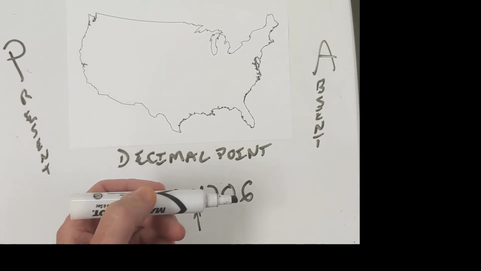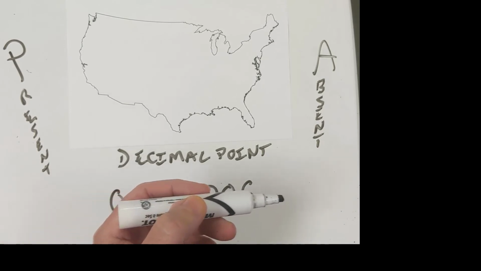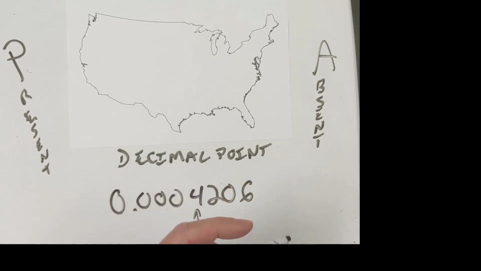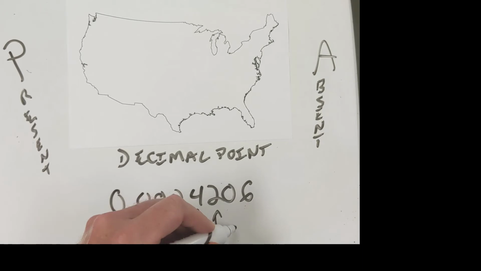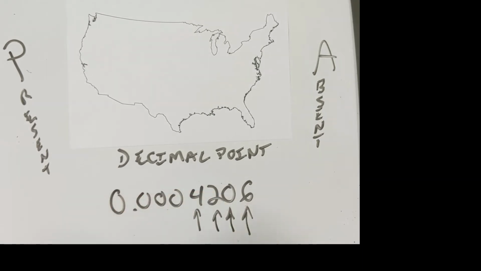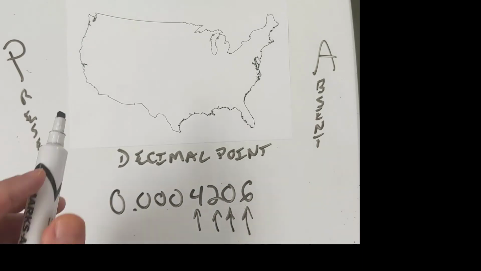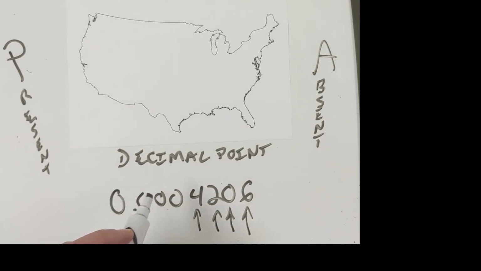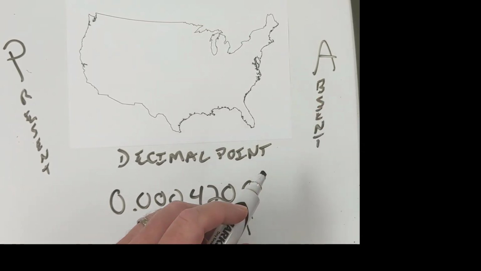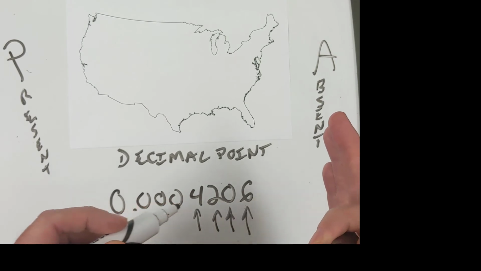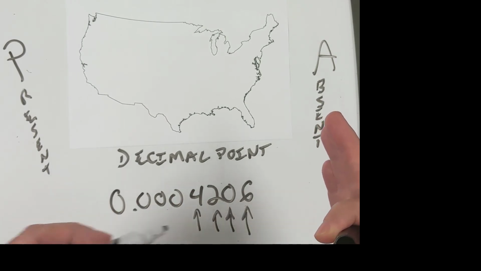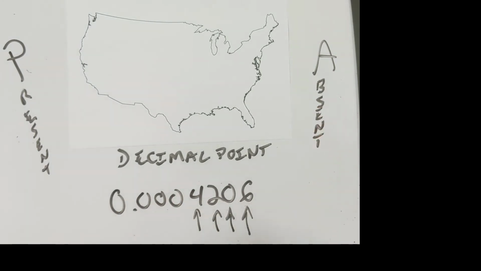Starting from the left to the right, I'm going to now continue counting everything beyond that, no matter what it is. So I'm going to count the 2, the 0, the 6. So that has 4 significant figures. When the decimal point is present, we start on the left. We start with the first number that's not a 0 and count everything beyond that. When the decimal point is absent, we start on the right, start counting with the first non-zero number, and count everything to the left of it beyond that.